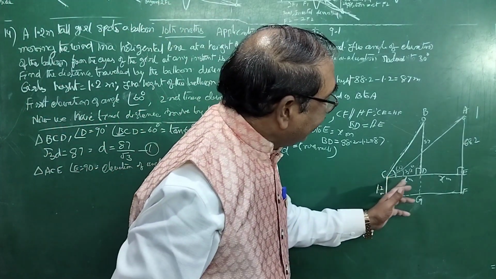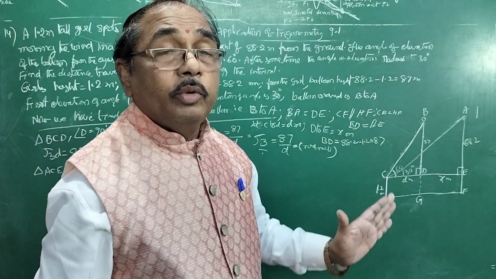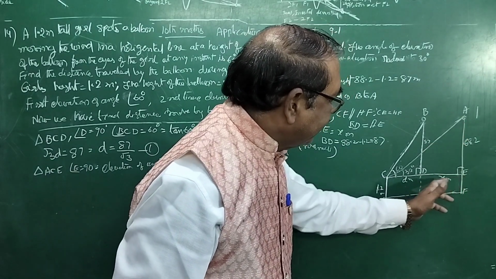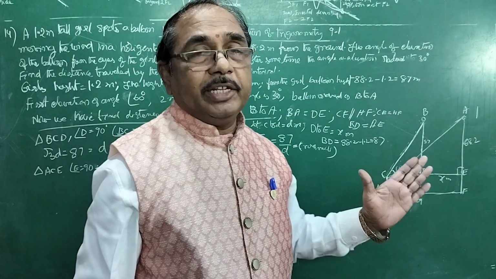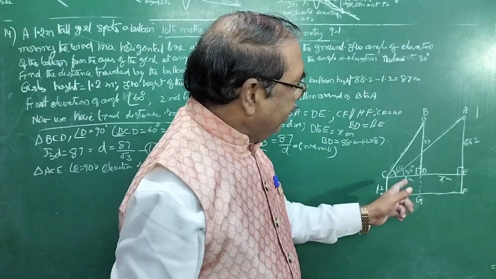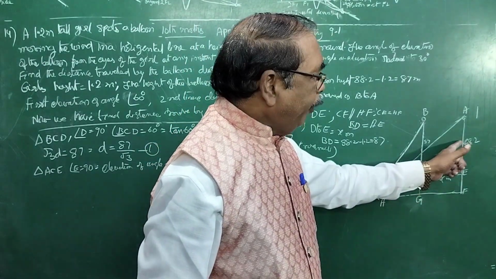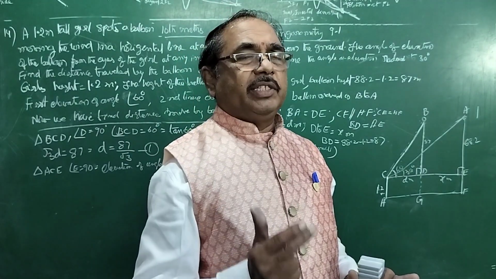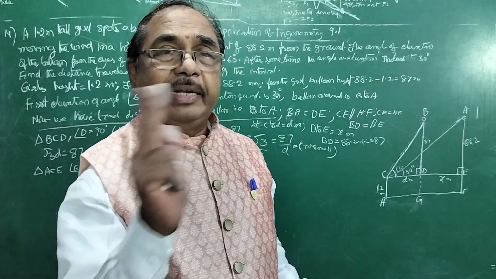At 30 degrees, he wants to find the height and at the same time the adjacent side. That means for theta equal to 30 degrees, the opposite side and adjacent side. The ratio opposite side by adjacent side is tan theta.